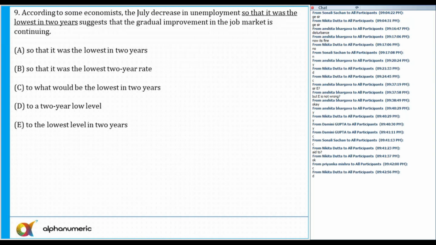This is wrong. So the July decrease in unemployment is at the lowest level. Okay. It is at the lowest level. You need to use the word level. It was the lowest in 2 years. Okay. To a 2-year low level.